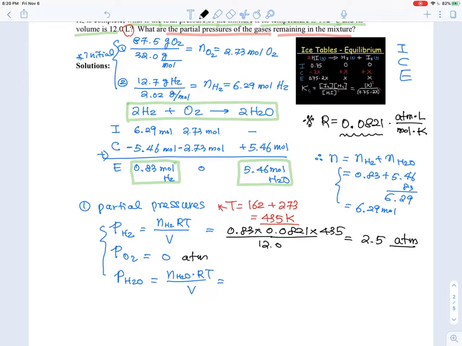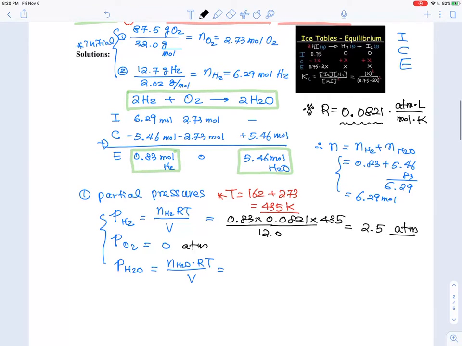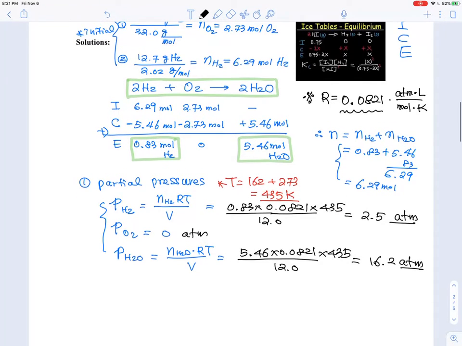The partial pressure of oxygen is nothing. There's none. And for water it's the same math: 5.46 times 0.0821 times 435, divided by 12.0 liters, and that will make it 16.2 ATM.